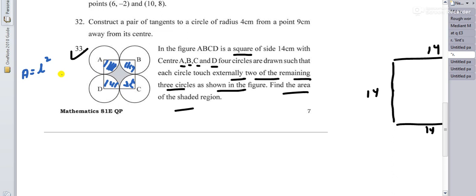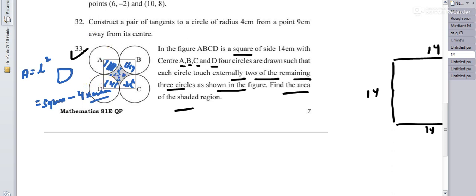So they are in the shape of what? Yes, they are in the shape of a sector, and all of the sectors are of equal size. So can I write area of square minus 4 into area of sector? Will I not get the shaded region area?